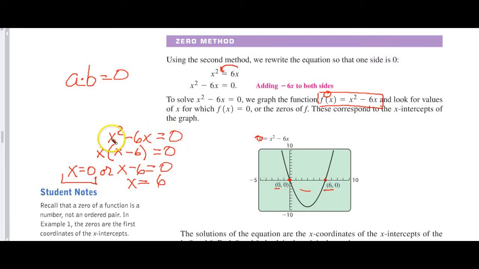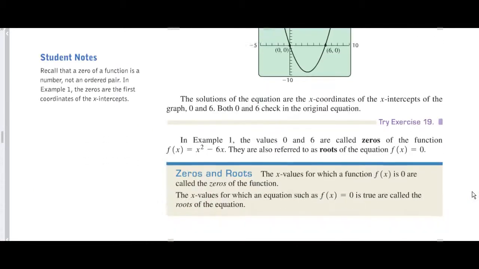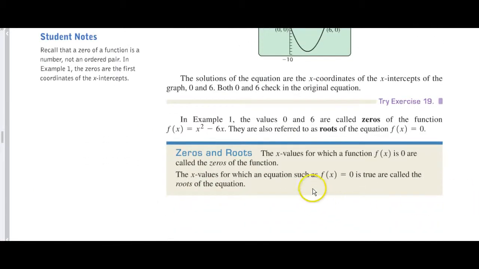And we're using the factoring method of doing it, and we'll follow up on this as we continue in the lesson. We're going to be repeating this a couple of times. And here they're saying zeros and the roots. These are called zero functions, finding the zeros.